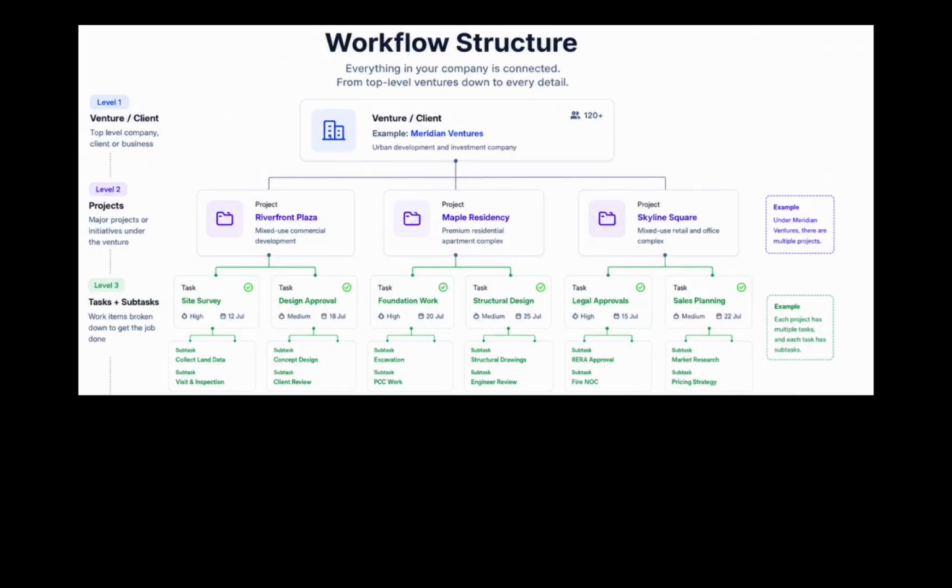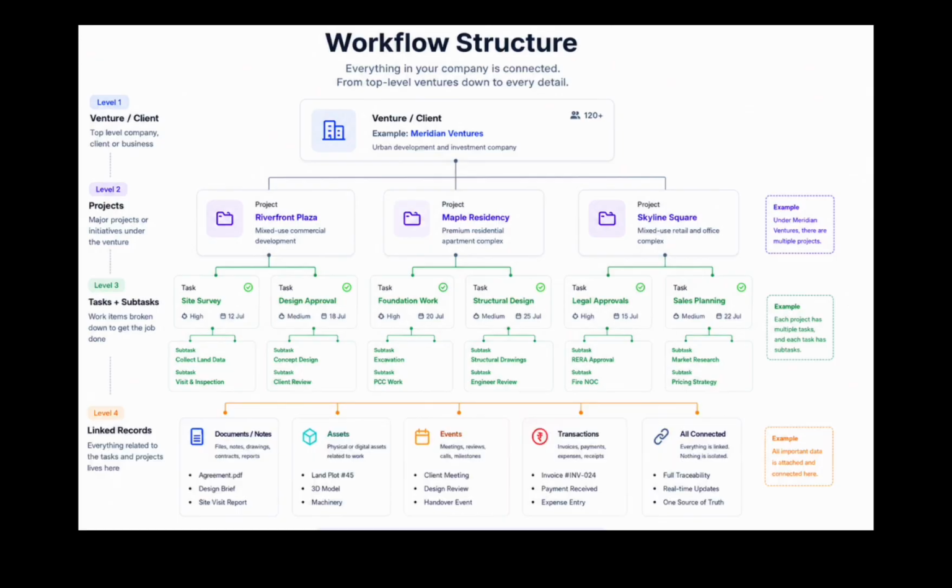For example, under the site survey, we can have subtasks like collect land data and visit and inspection. So the project tells us what work is being done, and the task shows us how that work will actually be completed and when. That way, instead of keeping work vague, we break every project into clear tasks and smaller subtasks that the team can track and complete.